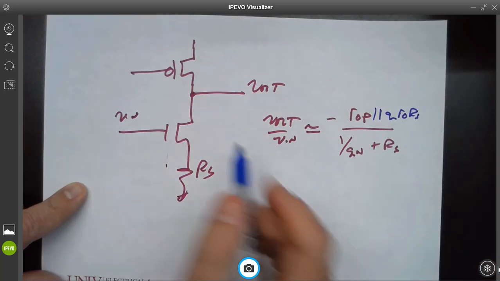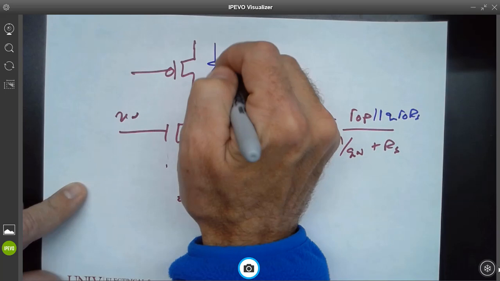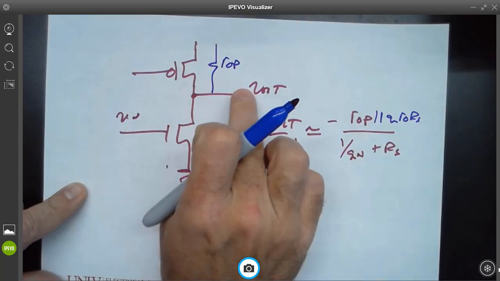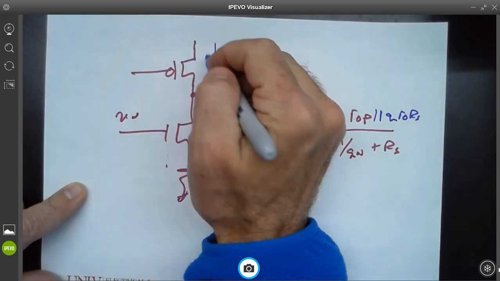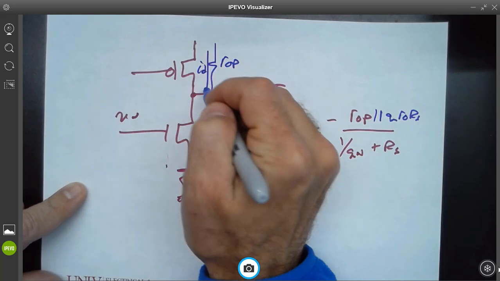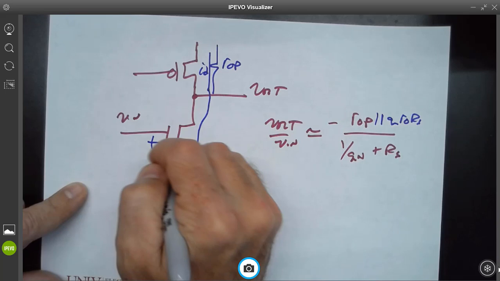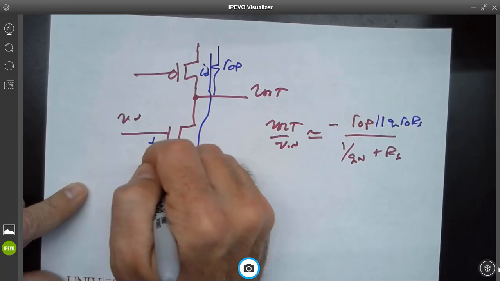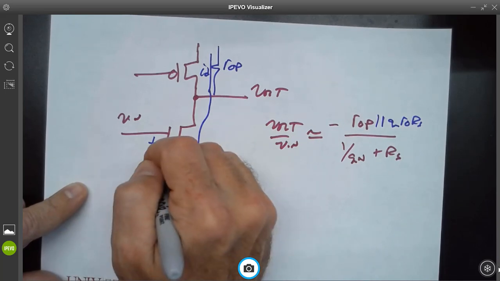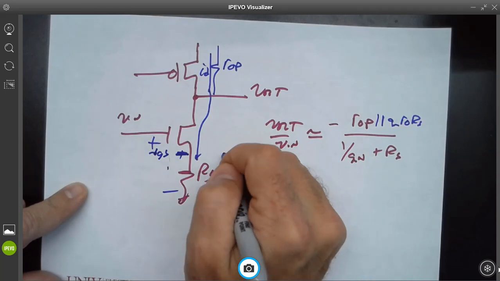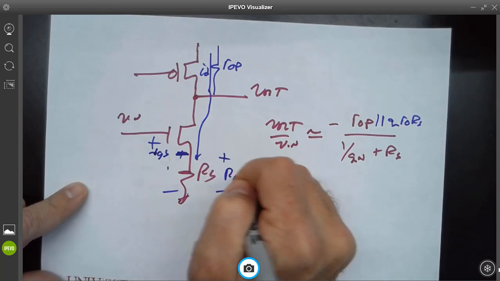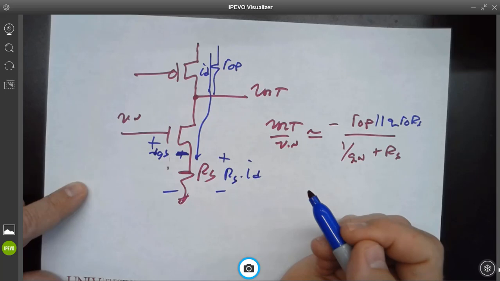Let me prove this. So this is R out P, right? Assuming that's small compared to the resistance looking in here, the current that flows is ID, and that flows through here. V in is VGS plus RS times ID.